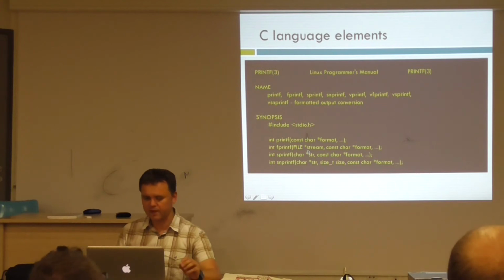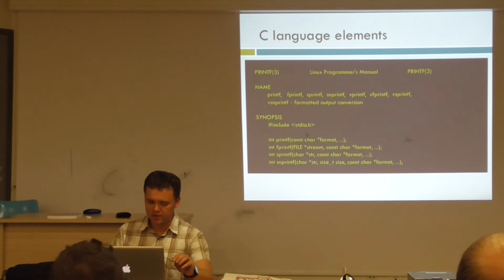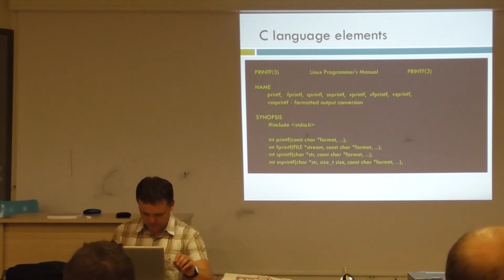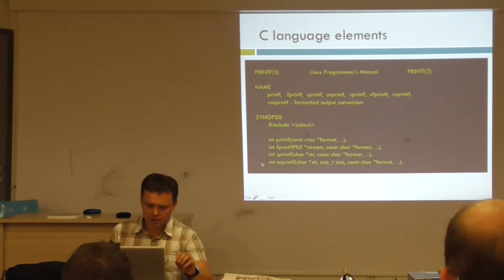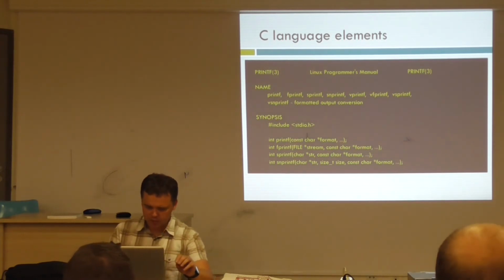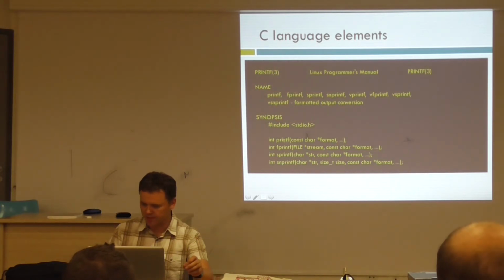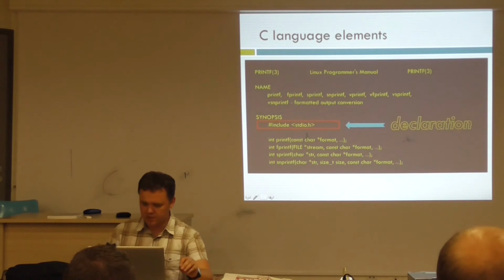Of course, you can see that there are some different functions similar to printf defined in the standard C library, like fprintf for writing content to files, sprintf, snprintf, etc. This is a declaration, as I called it before.